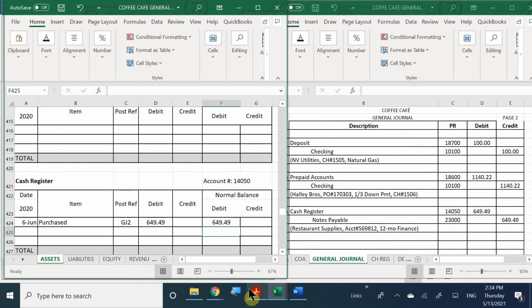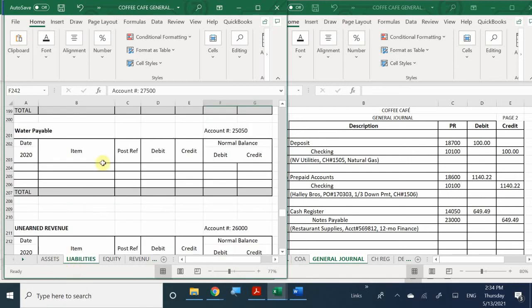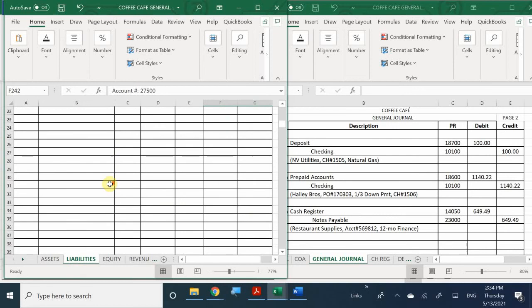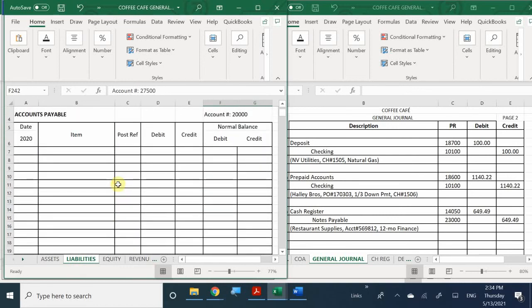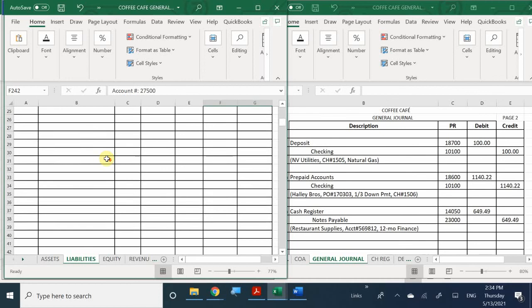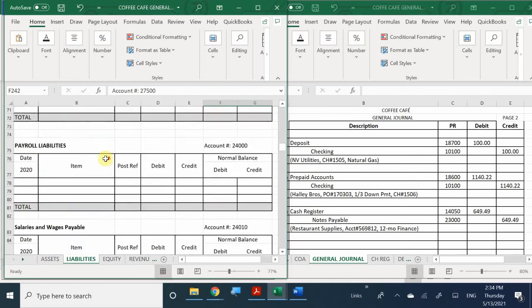Okay. All right. So now we finally get to take a look at our liabilities. It should be on page 18 or 19, but yes, it's third on the Excel, third one down.